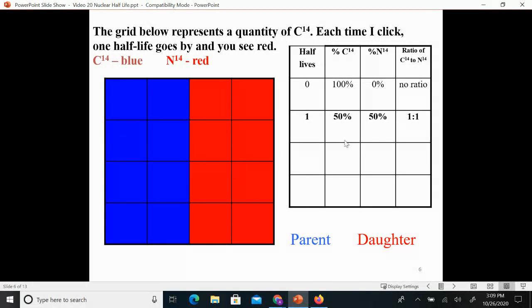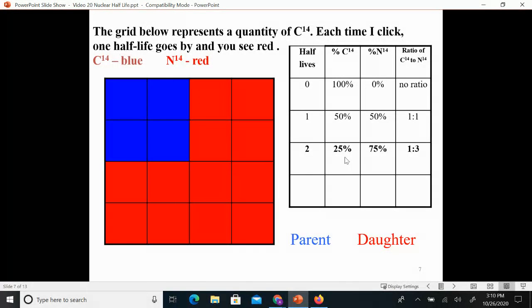So we're at 50-50%. By the way, if I were you, I would write at least the first 3 columns here. The ratio is not so important, but it's good to have these percentages in your notes. After another half-life, so after 2 half-lives, only 25% of my carbon-14, my parent material, is there, and I have 75% of my daughter material. And after 3 half-lives, I have 12.5 and 87.5.